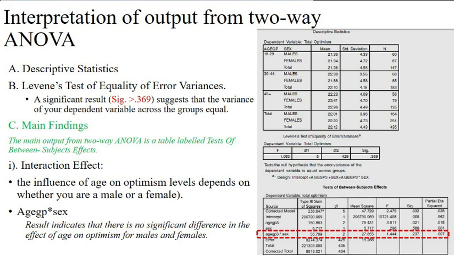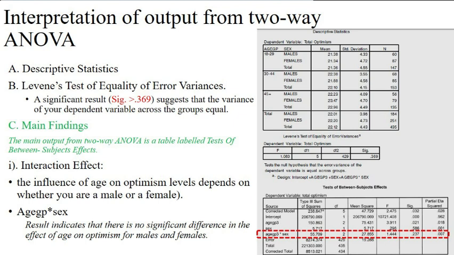Then we come to the second D, which is the diagnostic test. In the two-way analysis of variance, the only diagnostic test is Levene's test for equality of variances, which perhaps I have discussed with you in some of the last lectures. An insignificant value of Levene's test shows that our data assumes equal variance, right?